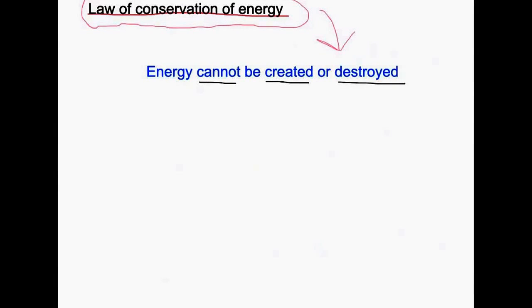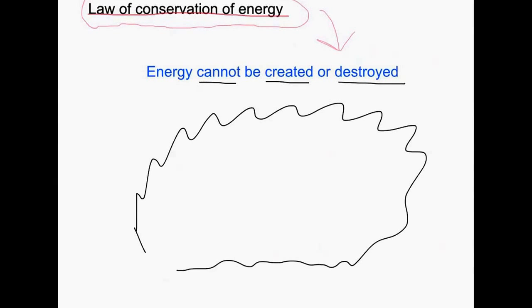You cannot make energy, you cannot destroy energy. In the whole universe, the Earth, the solar system, everything, we have a definite fixed amount of energy. Energy can only be changed from one type to another. You can't make more energy, you can't destroy it, you can't make it go away.